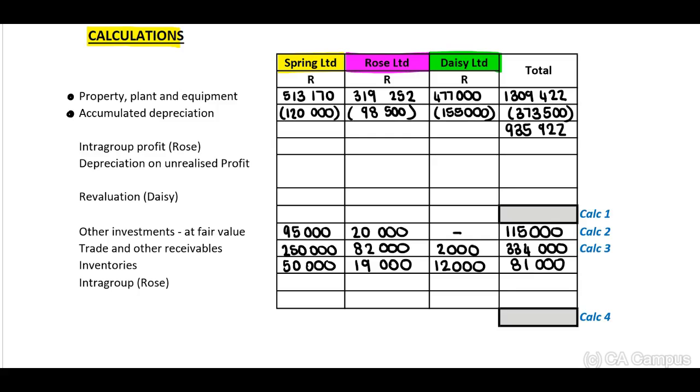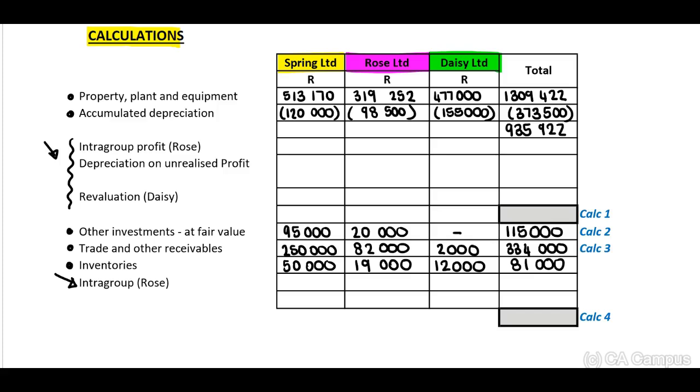My recommendation, leave sufficient lines open for you to be able to add any relevant details. We've got other investments, trade and other receivables, inventories, and another intra-group transaction that will influence our inventories. I have transferred all of the amounts provided on our trial balance.